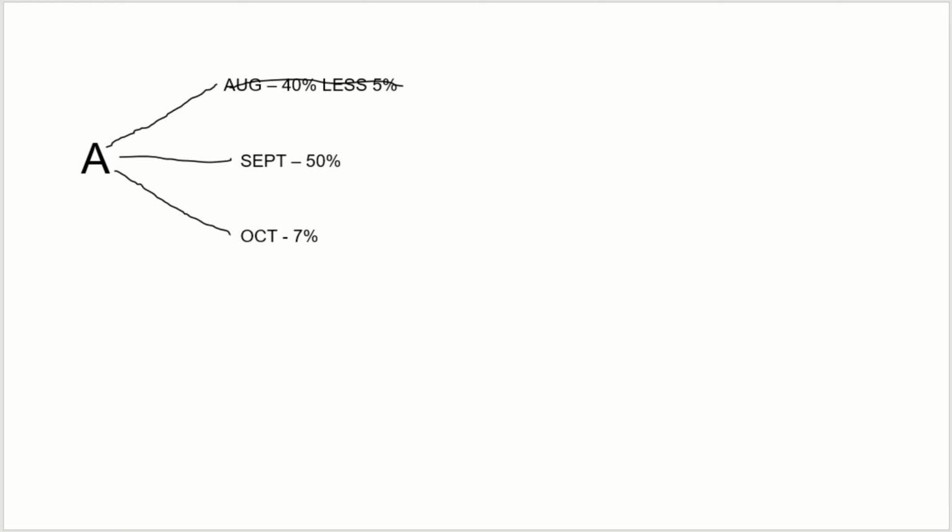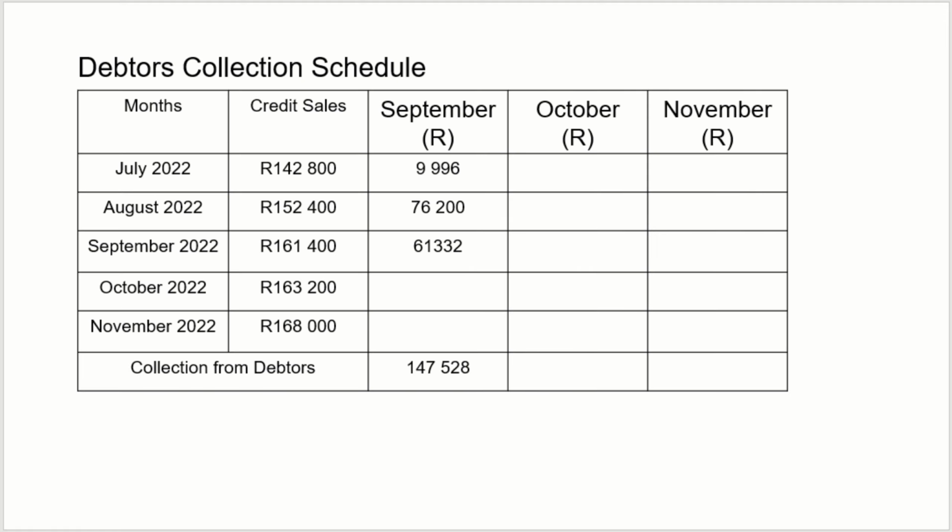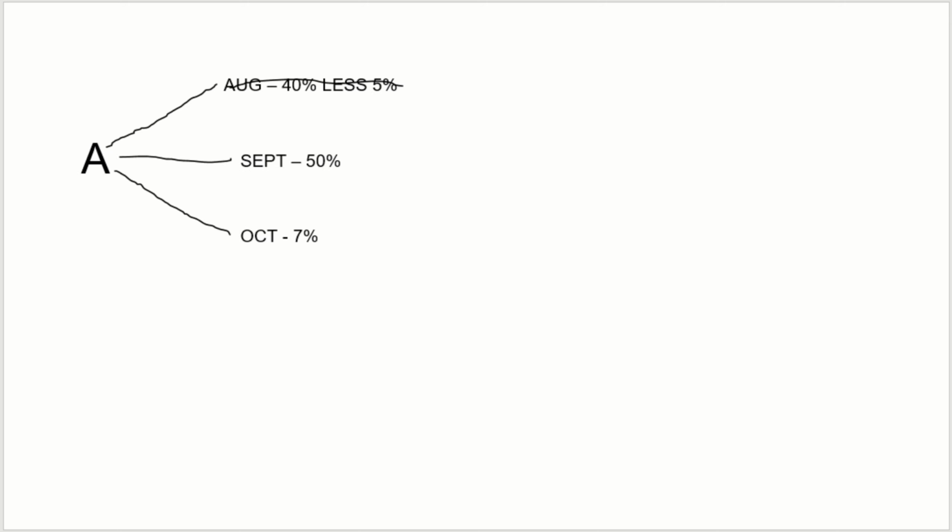Luckily, the examiner already calculated our amount for September as 76,200 rands. So we're also going to cancel out September, leaving us with only the month of October.